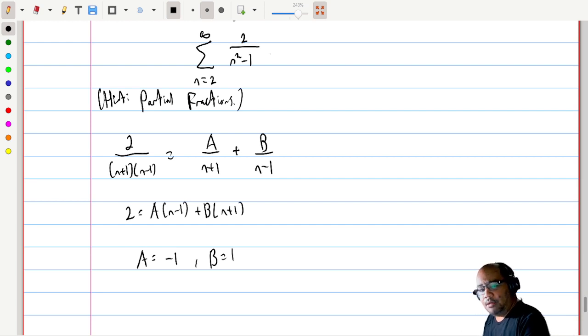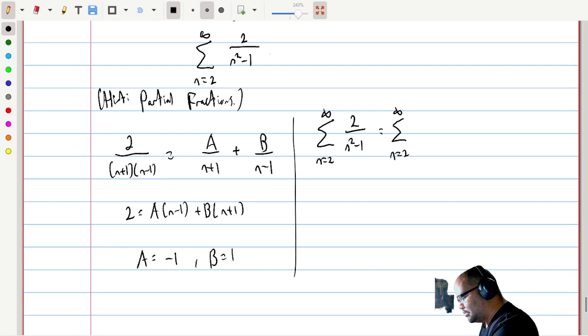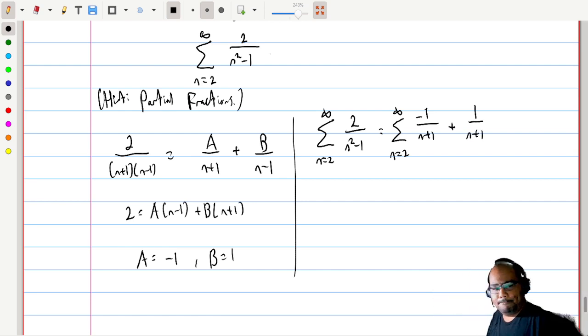So now my sum gets written as the following. We have 2 over n squared minus 1. This gets factored as minus 1 over n plus 1 plus 1 over n minus 1. And the idea here is that you need to expand and explore. So we need to look at the partial sums.